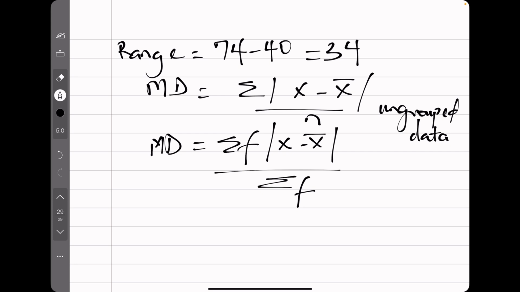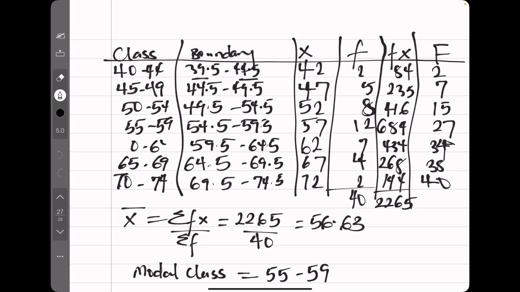So now we go back to our previous table created, and we have to actually add to this table, which is going to really be long. So please get set for more work. In the table we had a class boundary, x, fx, and f.